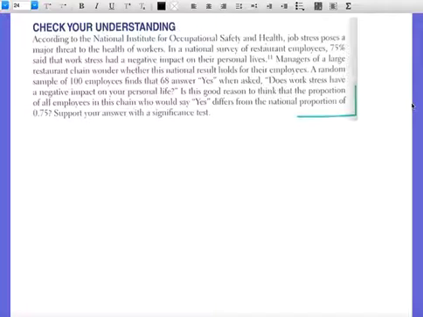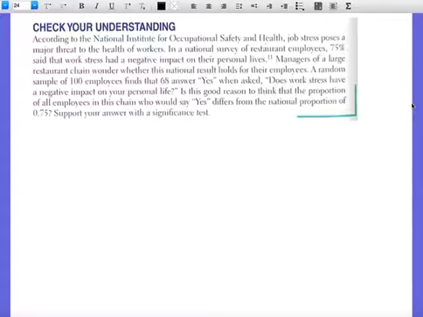Alright, so next we are going to do another check your understanding. According to the National Institute for Occupational Safety and Health, job stress poses a major threat to the health of workers. In a national survey of restaurant employees, 75% said that work stress had a negative impact on their personal lives. Managers of a large restaurant chain wonder whether this national result holds for their employees.